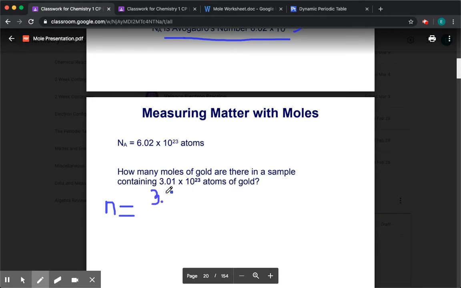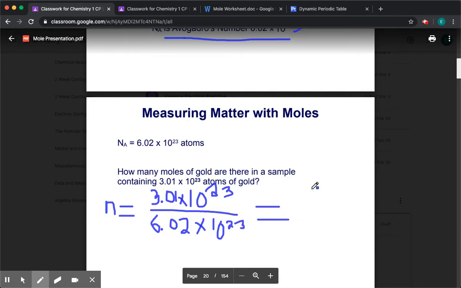We have 3.01 times 10 to the 23, divided by Avogadro's number. Avogadro's number is how many there are in 1 mole. If you plug this into your calculator, you're going to get 0.5.